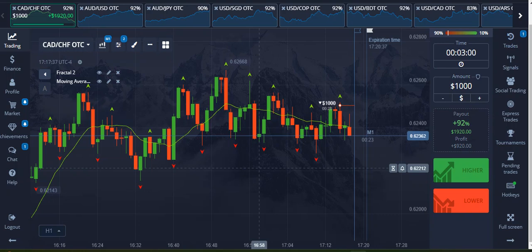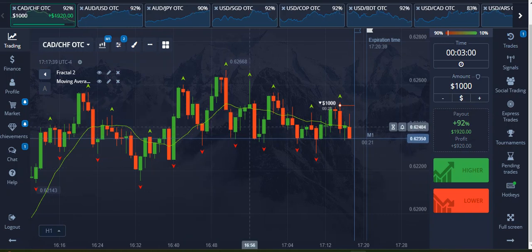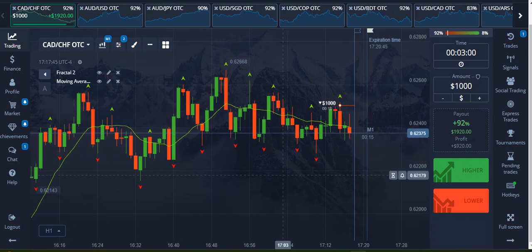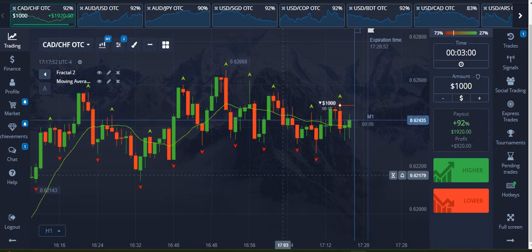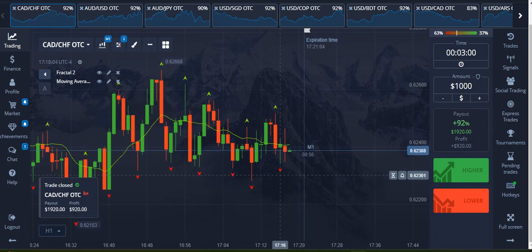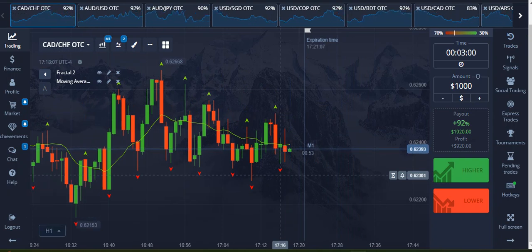And as you can see here, it's consolidating. Canadian Swiss franc OTC pair is consolidating here. And this fractal trading strategy works very well during ranging markets. Okay, so that trade also won.